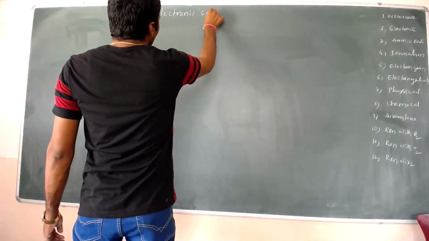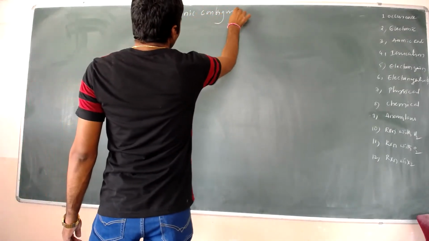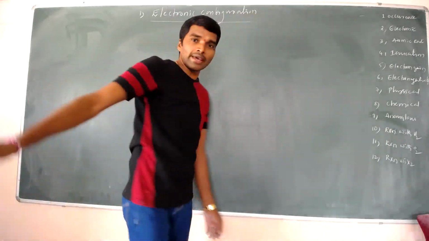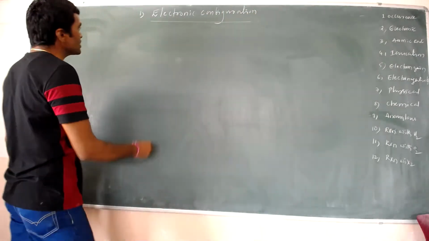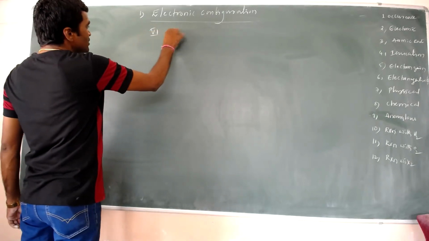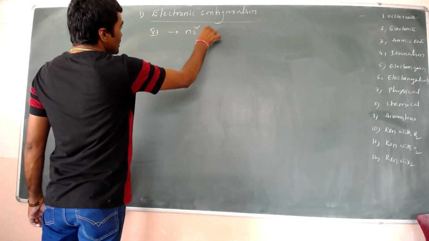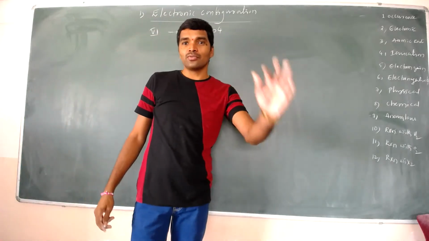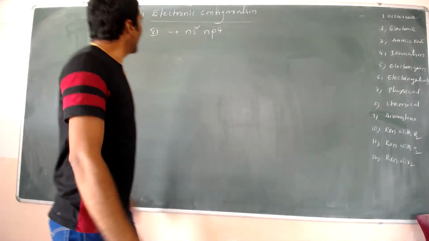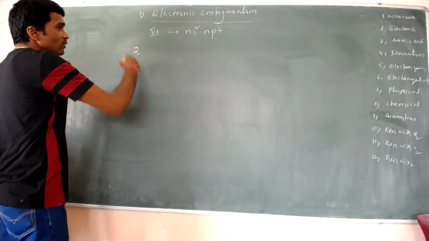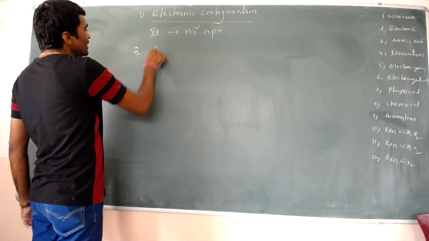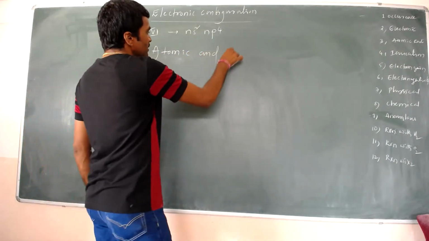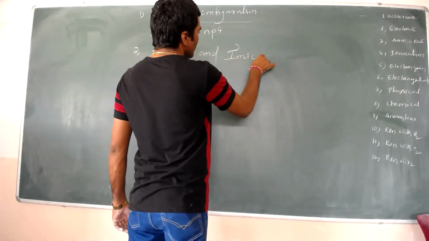The general electronic configuration of sixth group elements is ns2np4. The second one is atomic and ionic radii.